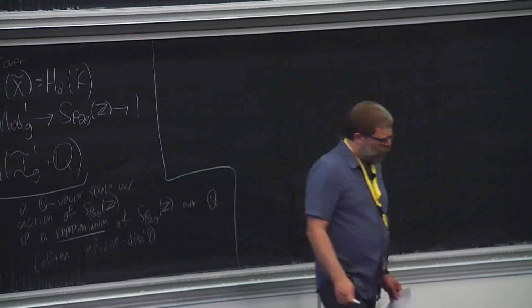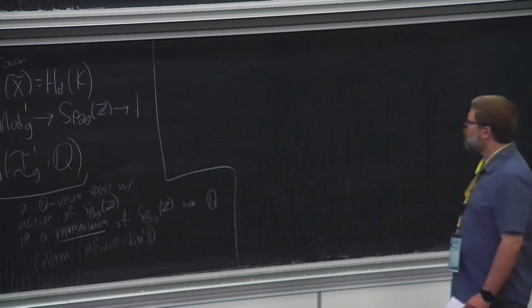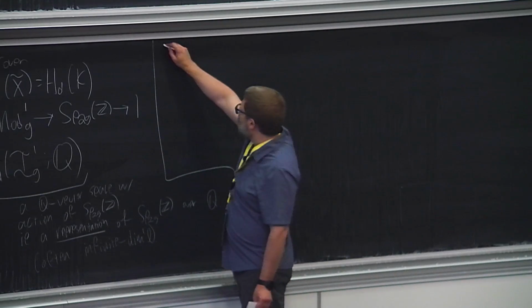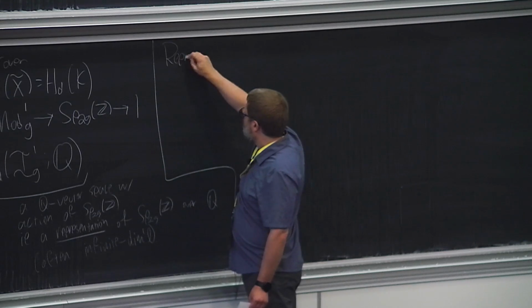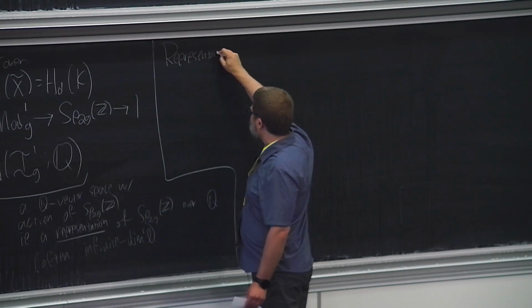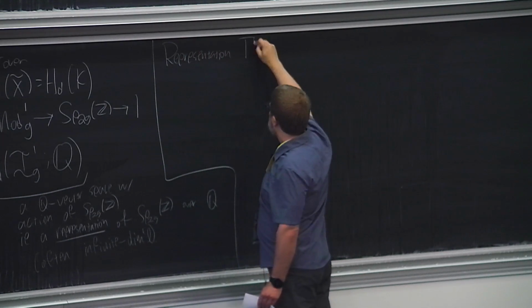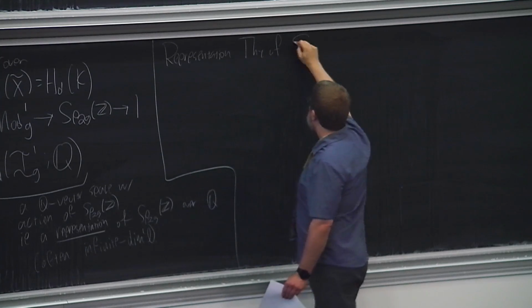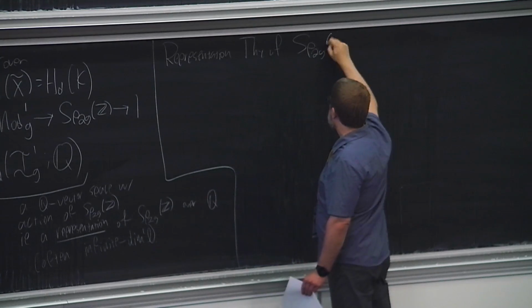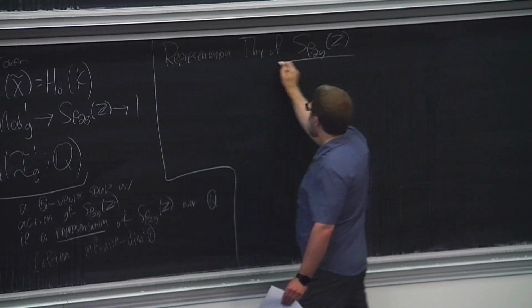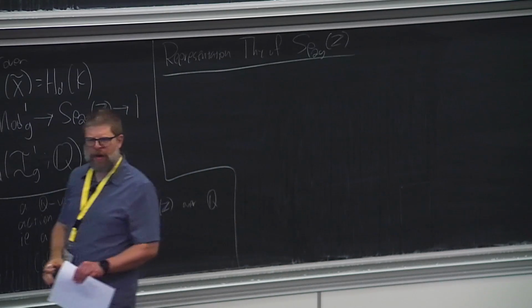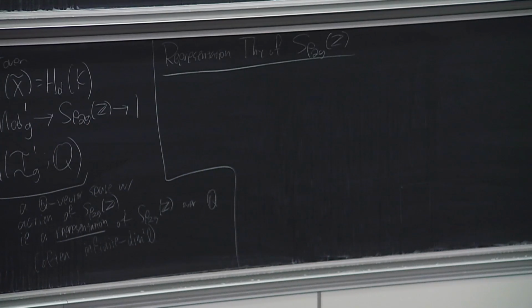So what can we say? I have to now describe the representation theory of the group Sp_2g(Z). So there's no hope of saying anything non-trivial about the infinite dimensional representation theory of the symplectic group.